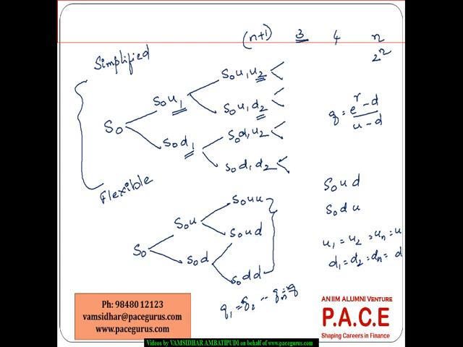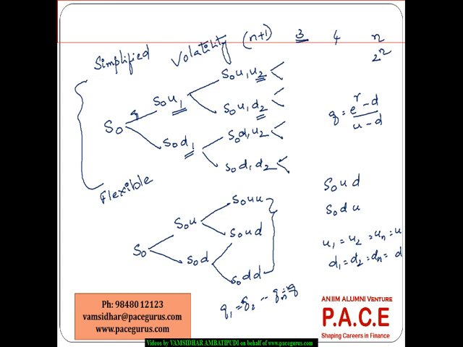I can change the Q's. I can have different Q's at each of the periods. So different levels of volatility, the price changes, the up and down movement changes for each of the periods, for each of the states, can very well be incorporated in this particular model.